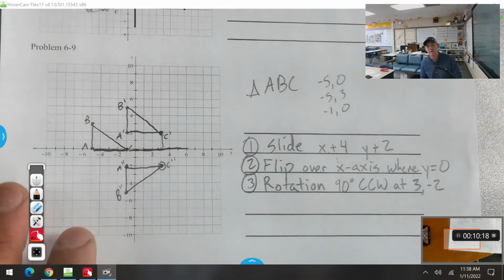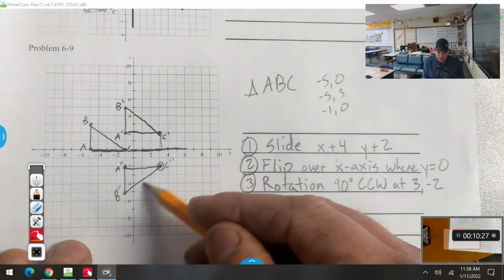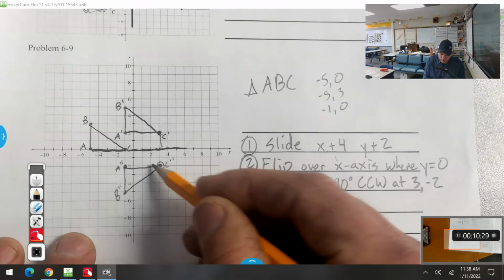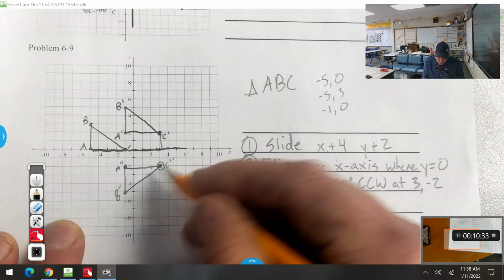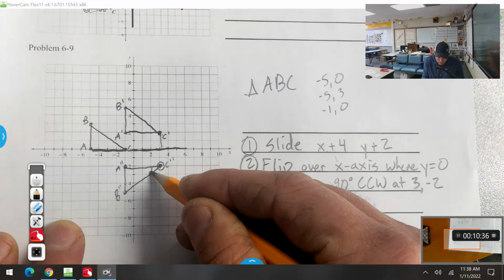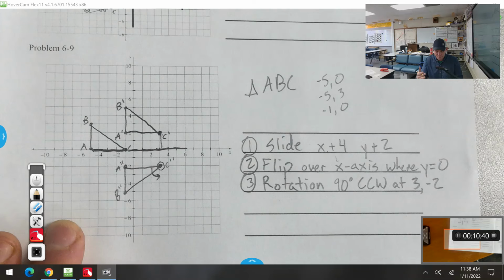I'm going to put a little circle around it. And I am going to pick a straight line off of this. This is a diagonal line. I don't want to use that diagonal line. I want to use this straight line. And I want to bring this 90 degrees right there. That's where I want that line to end up.